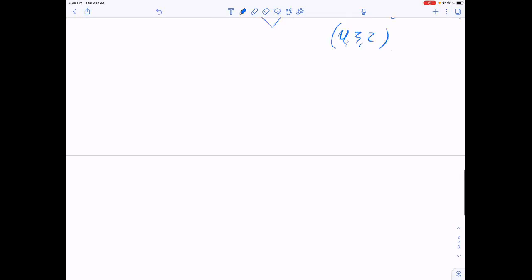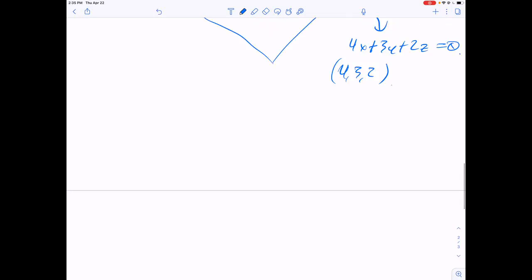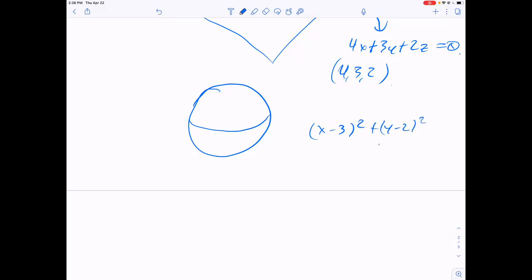So the idea here is you have a sphere in three-dimensional space. And we just want the level set of where x equals 4, okay? So we want all the points where x is equal to 4. And our equation for the sphere is (x minus 3) squared plus (y minus 2) squared plus (z minus 1) squared is equal to 4.